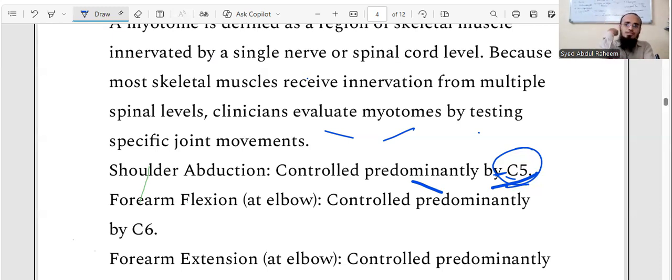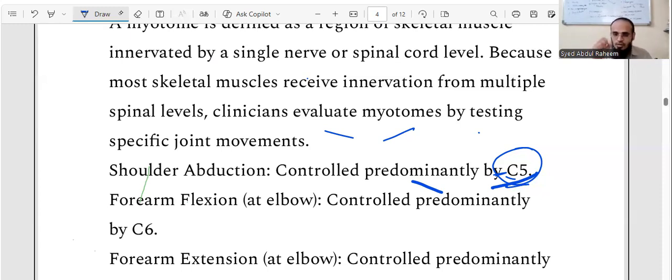This is flexion, this is extension, this is adduction, this is abduction. Some joints have different movements, like medial rotation and lateral rotation. Only the shoulder has 360-degree rotation, like bowling.